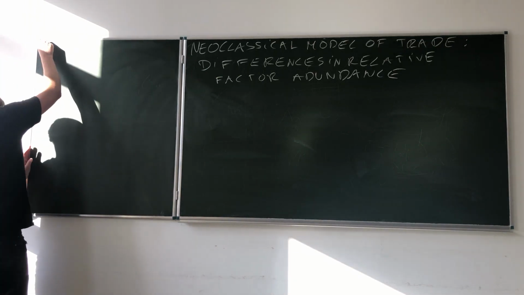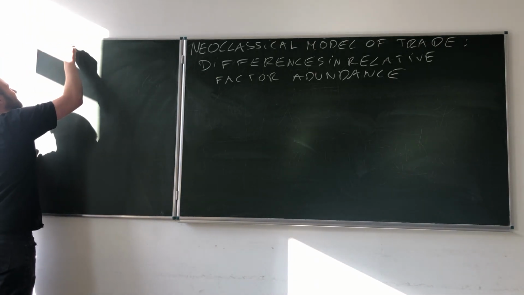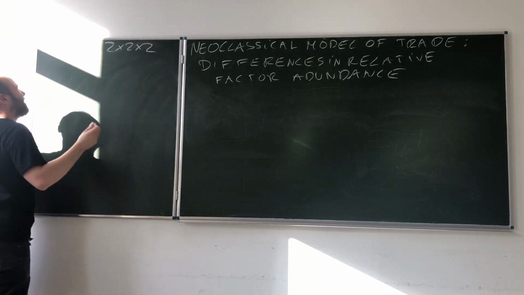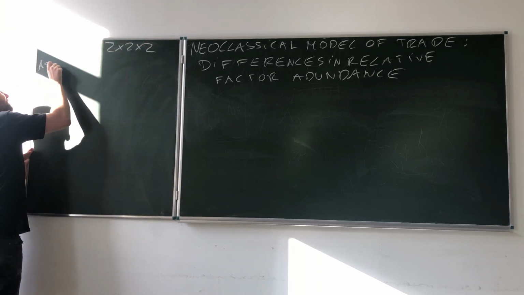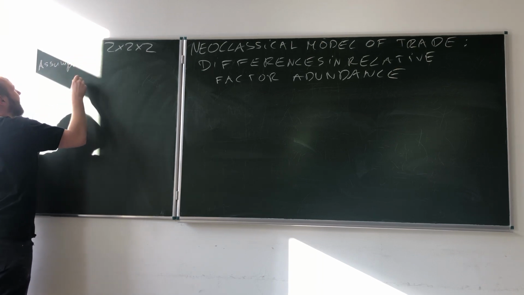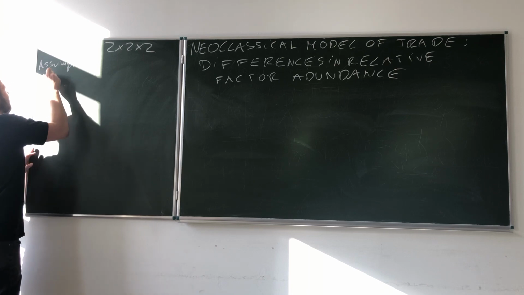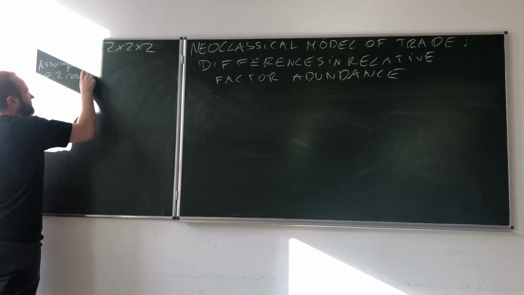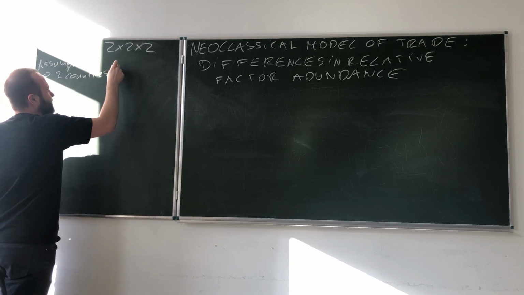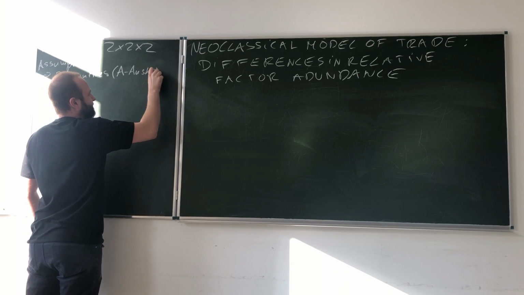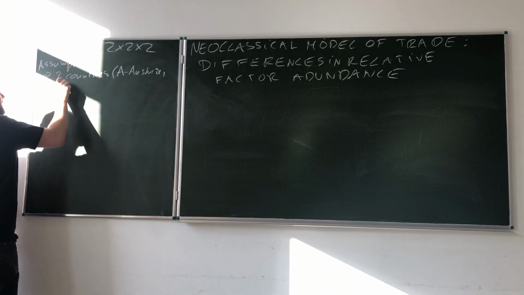Okay, our model is called the 2 by 2 by 2 model. Why? Because in assumptions, we have two countries. Now it's going to be A, Austria, and B, Bolivia.